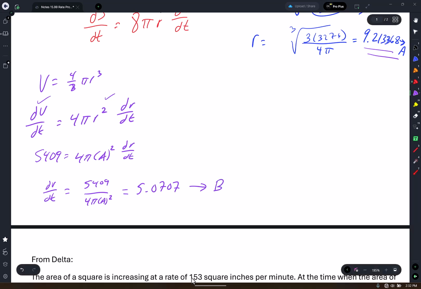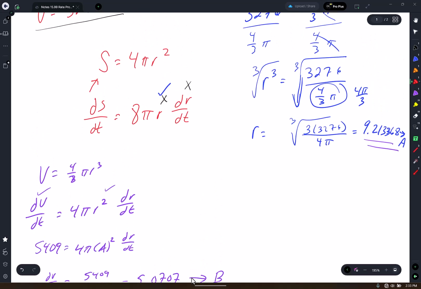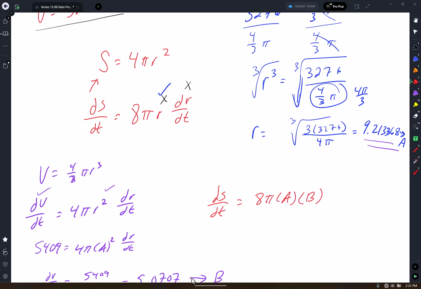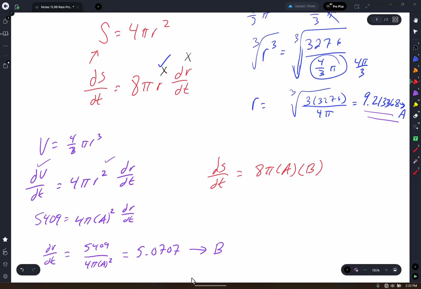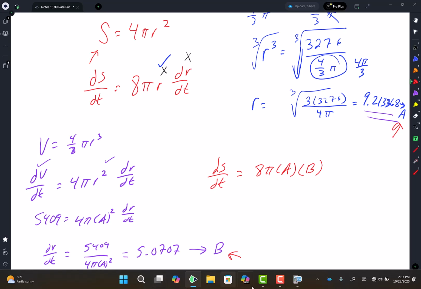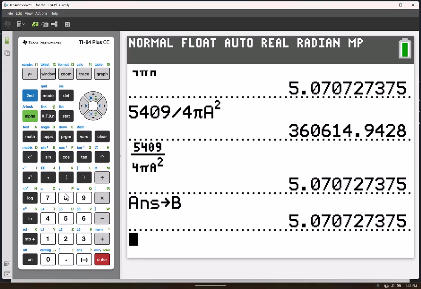Here we go. My answer, what is it? So I'm going to write dSdt equals 8 times pi times A times B. There it is, because I have it saved in A and B. See, here's A, and here's B. So I'm going to take my calculator. 8 pi, alpha A, alpha B. You can put parentheses if you want, if this irks you.